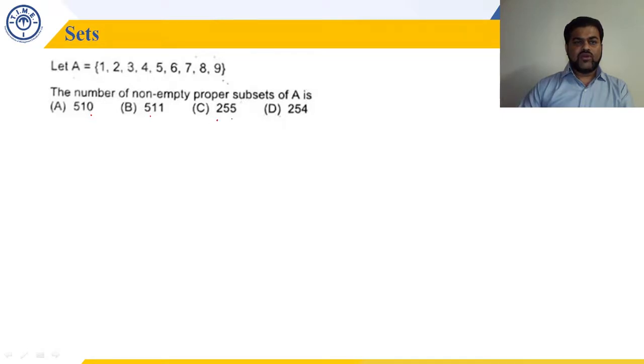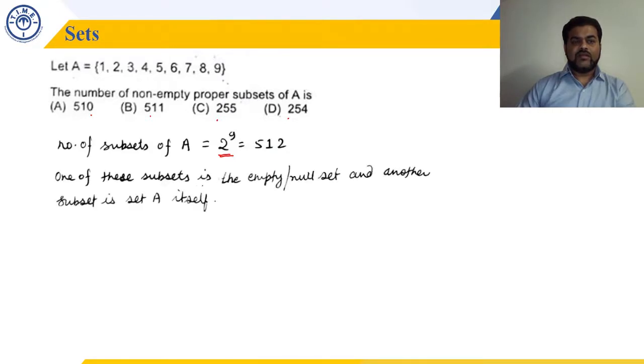Fine. Let's see. What is the total number of subsets? Just a while ago we discussed it. It is 2 to the power number of elements. The number of elements is 9. So the total number of subsets of A is 2 to the power 9, which is nothing but 512. Isn't it? Fine.